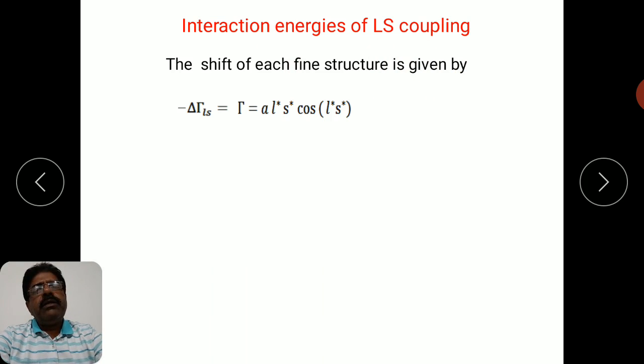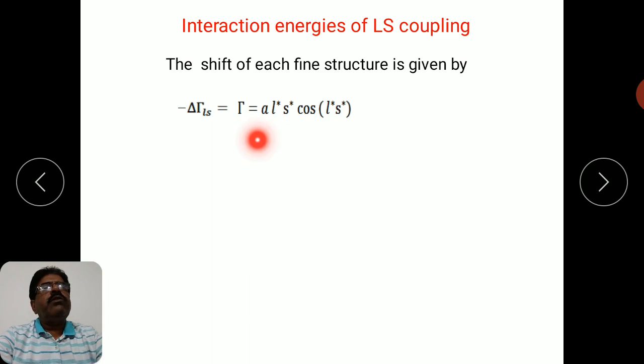Earlier in the second chapter, we already derived the expression which represents the shift of each fine structure. Because of the interaction energy, this shift is observed, and it is given by the expression: minus delta gamma Lx equals gamma, which equals a L star S star cos of L star S star.